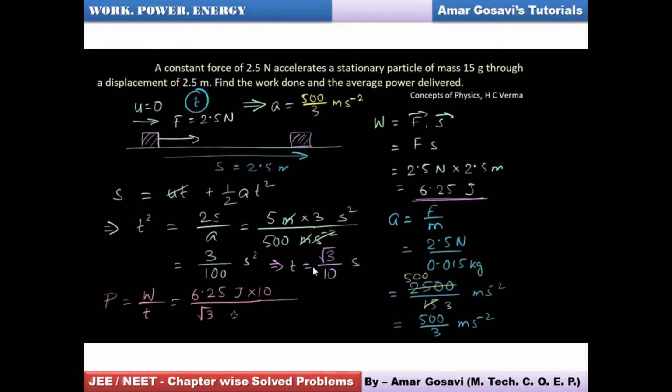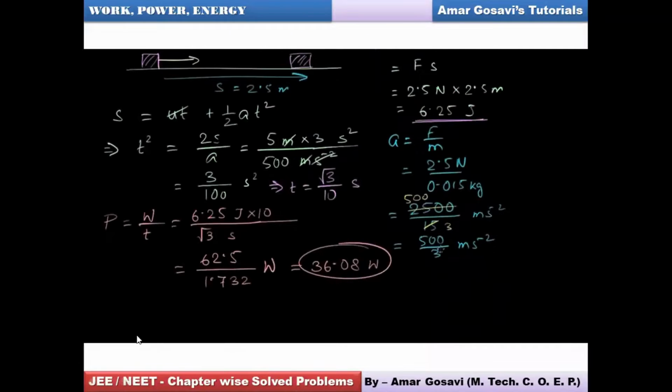Now, once I know time and work, I can find the average power as work divided by time. When I divide it, I work out the average power delivered. Please make a note of this. The average power delivered would be 36.08 watt. Please make a note of it.